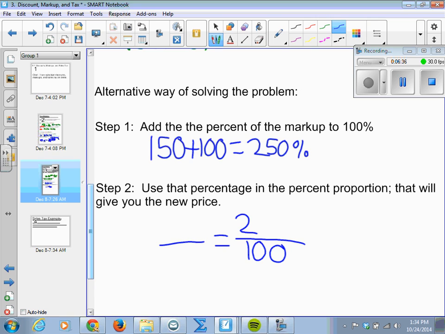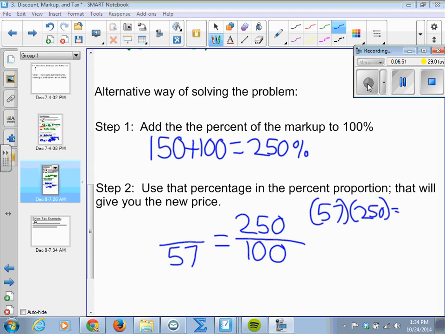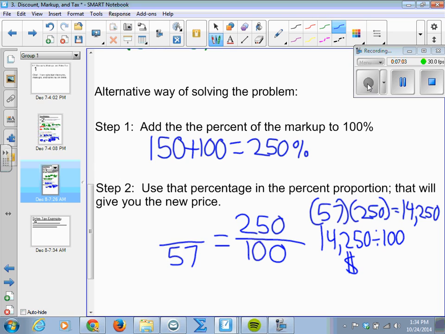And that original price, that wholesale price, is still 57. And now we do 57 times 250. And this will give us 14,250. We divide that by 100. And that gives us an answer of $142.50.